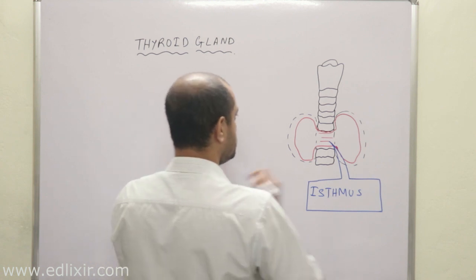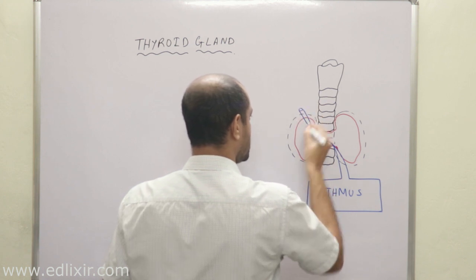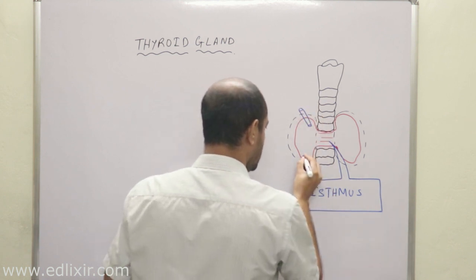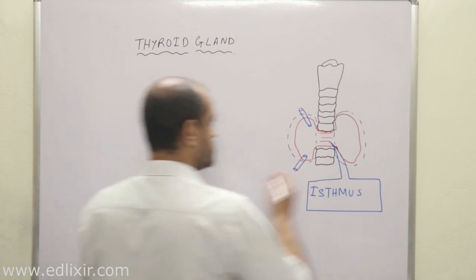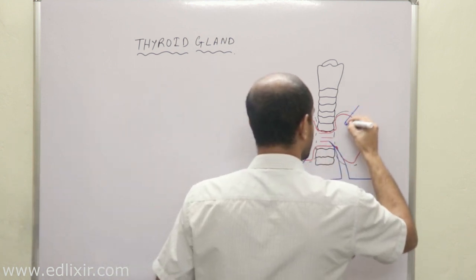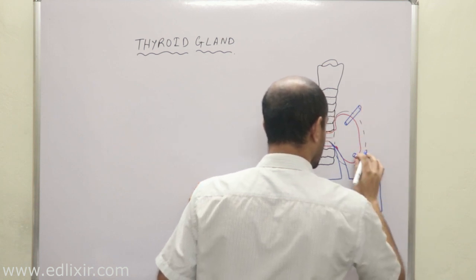One is called the superior thyroid artery, another one is called the inferior thyroid artery. Clear?